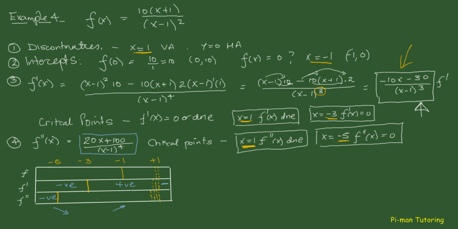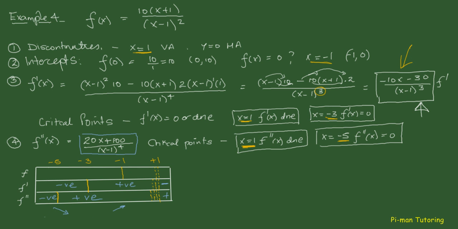Once we move to the right, we could put in a value of 0, and we can see we get 100 divided by a positive number. So this entire region here is positive. And then once we're above 1, we're going to get a positive number on top, positive on the bottom. So again, we're positive.